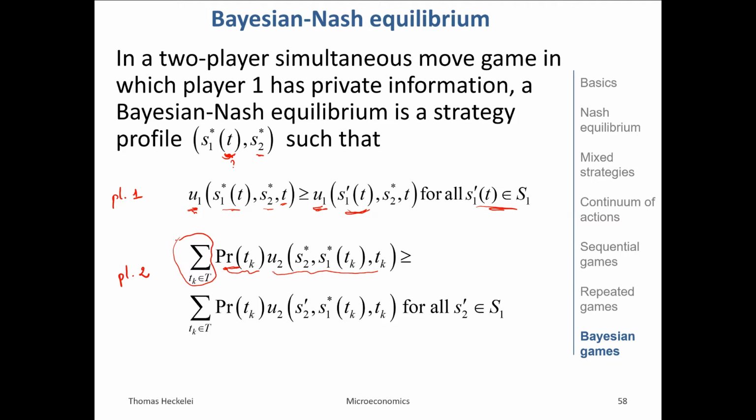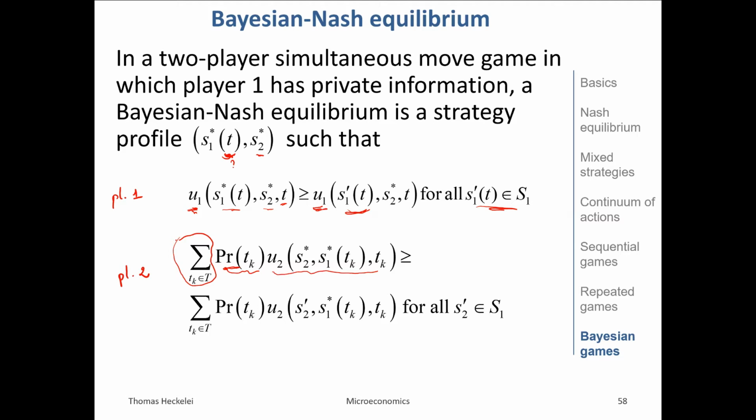Because it's the expected payoff, right? Remember, expected payoff is the weighted average of the payoff, with the weight being the probability, namely the probability of the type that's drawn for player 1.